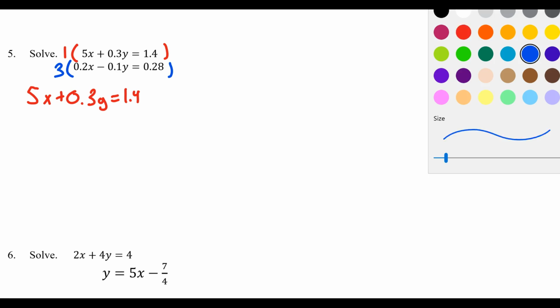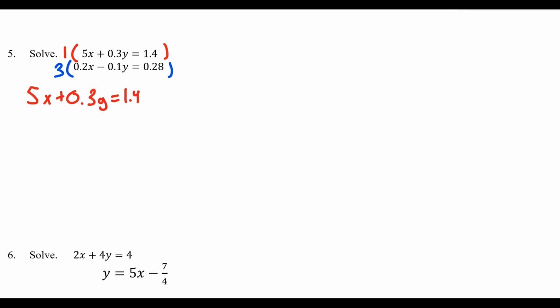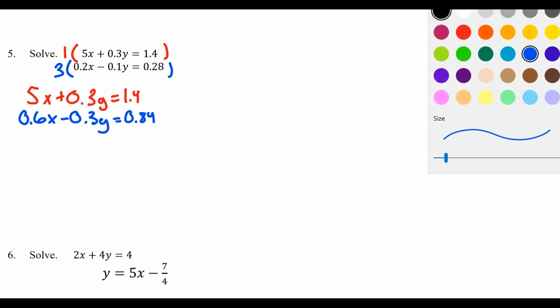The second equation is now going to become 0.6x minus 0.3y equal to 0.84.